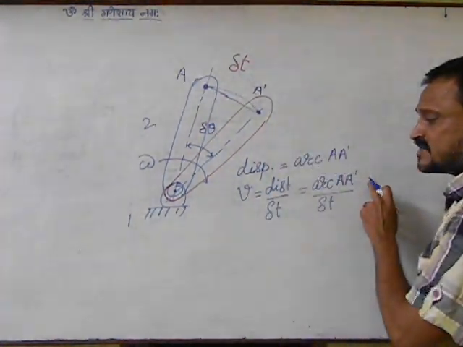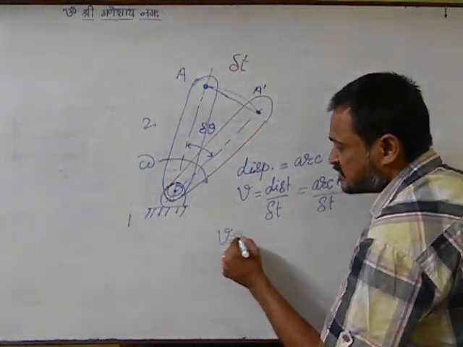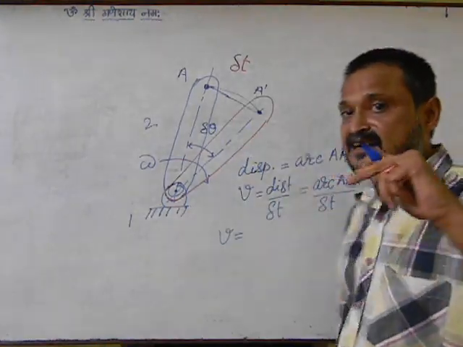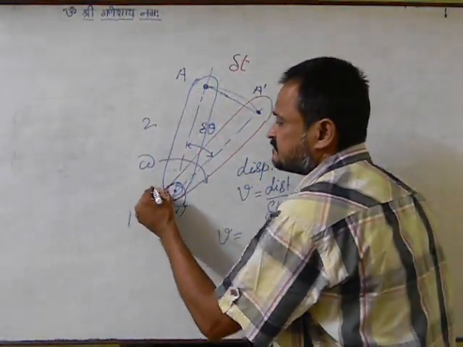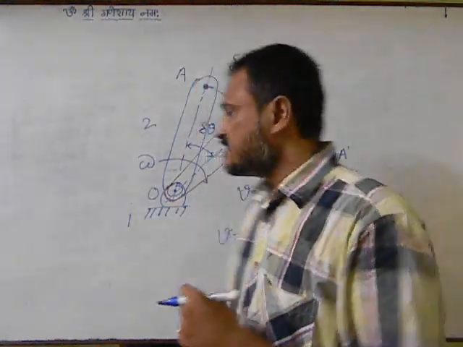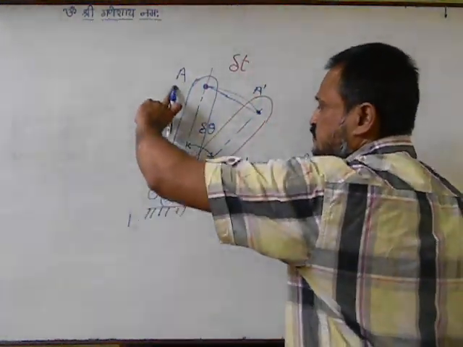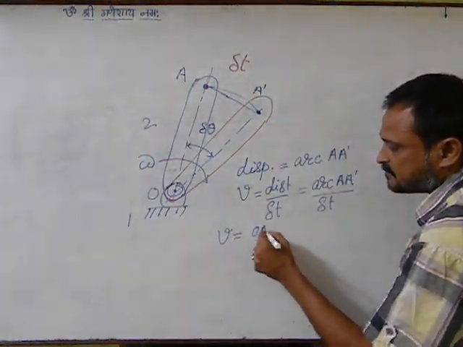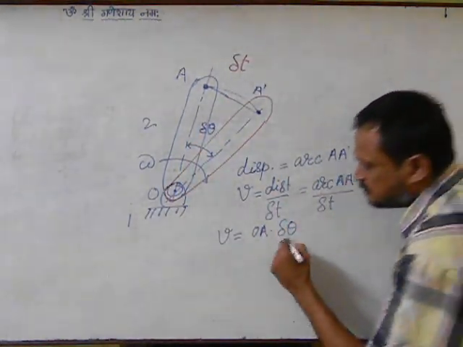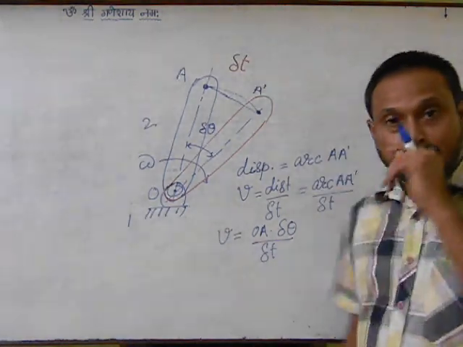So what is the arc length? Say this is O. So OA, it is R into theta, so it will be OA into del theta, in time del t.